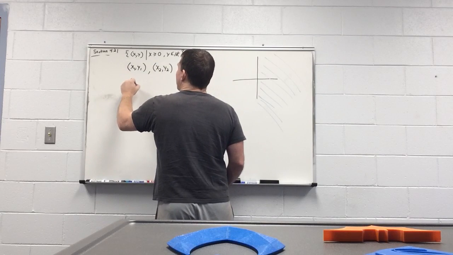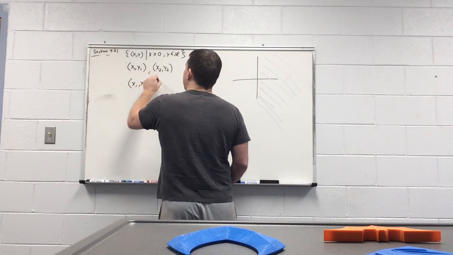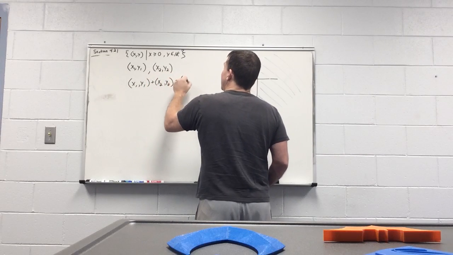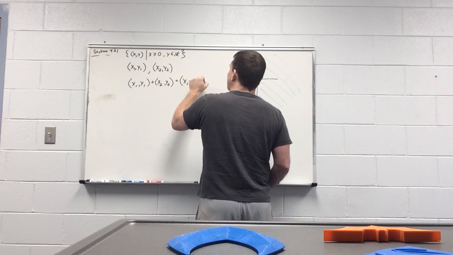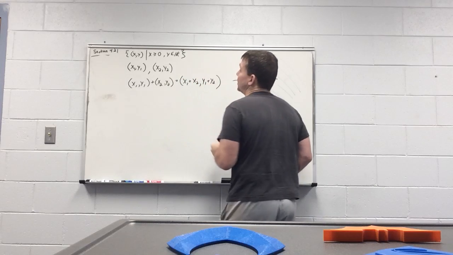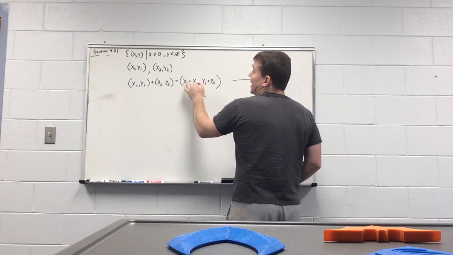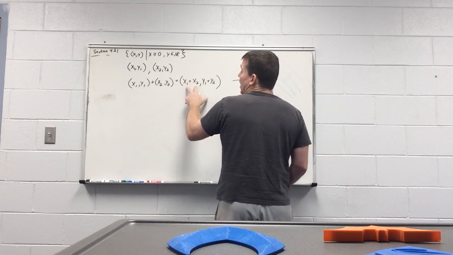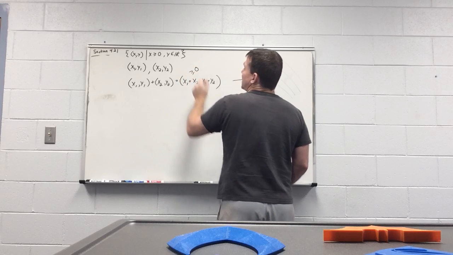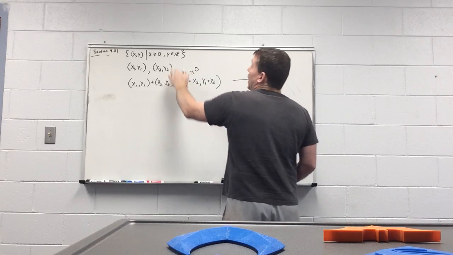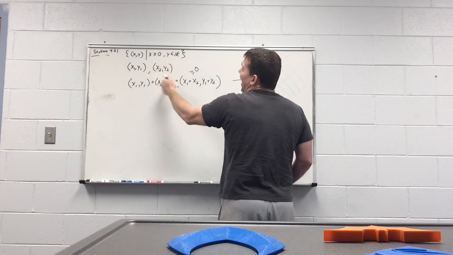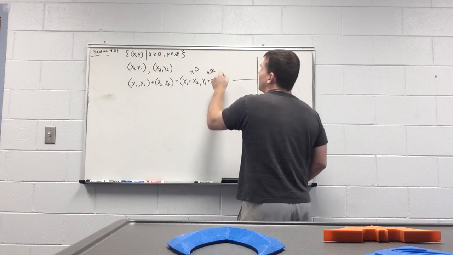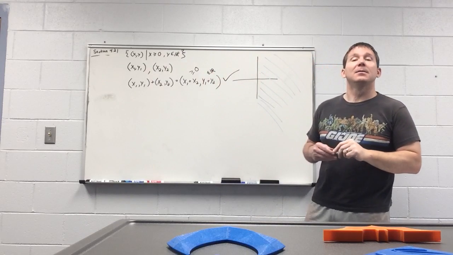Then I have to add them. x sub 1, y sub 1 plus x sub 2, y sub 2 is equal to x sub 1 plus x sub 2, y sub 1 plus y sub 2. x sub 1 and x sub 2, since they're in the set, are both greater than or equal to 0, which means their sum is greater than or equal to 0, so we're good. All the y's are real numbers. If I add two real numbers, I still get a real number.